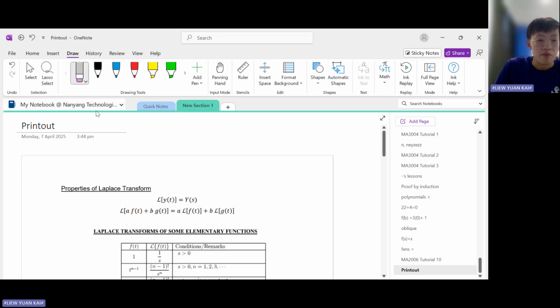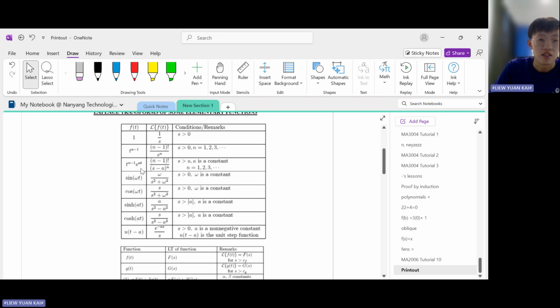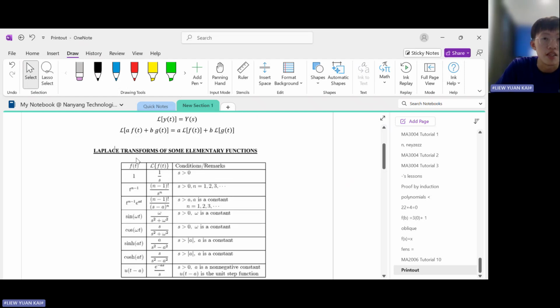So in Laplace transform, we have this very important table that's given to you in exams. This is called the Laplace transform table. So what does the table show? The very left column shows elementary functions. These are common functions that we see a lot in, for example, engineering applications.